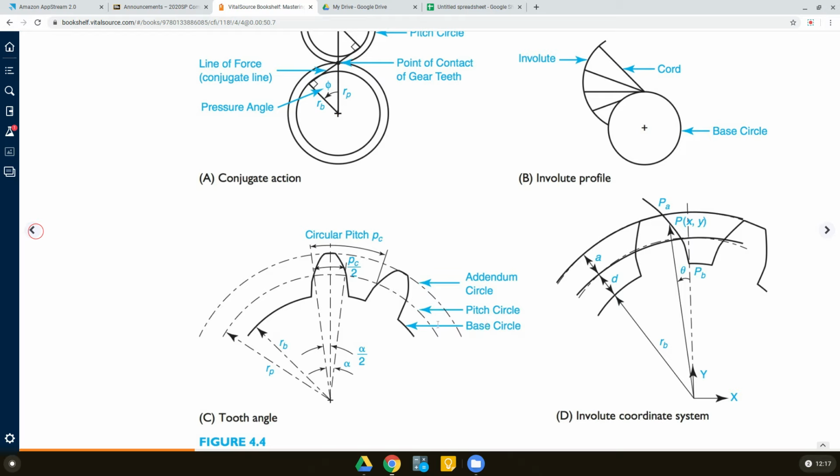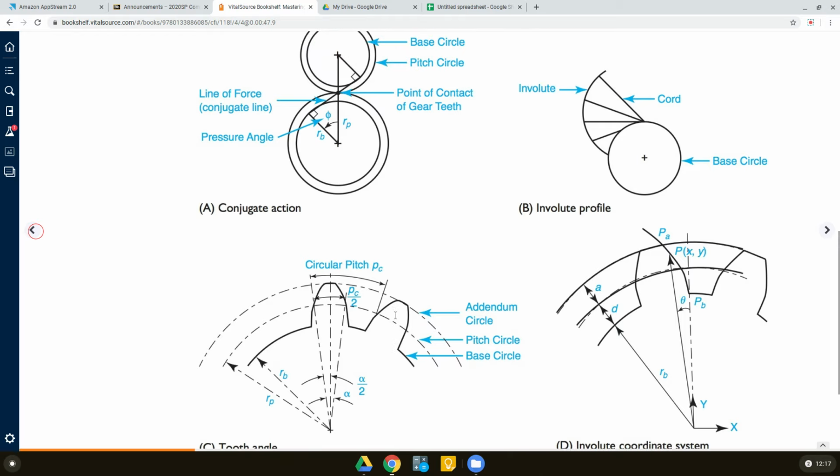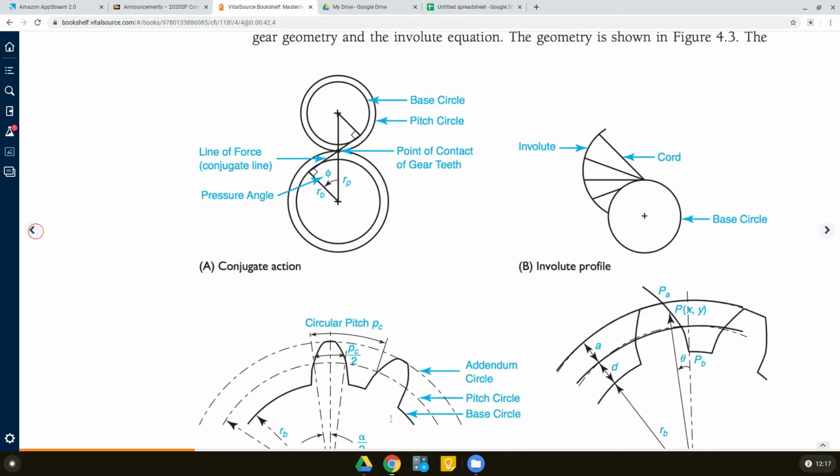There are different profiles that are suggested. The profile that we are looking at here, which we are going to work on, is called the involute profile. This profile of the gear tooth is the involute profile. And what is an involute profile?